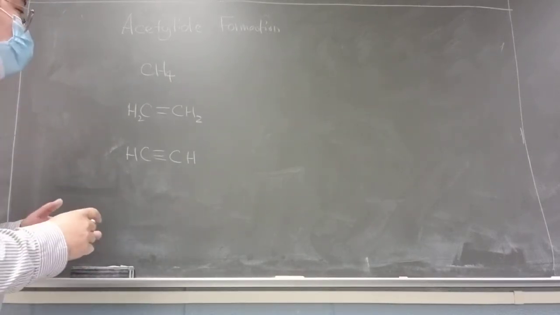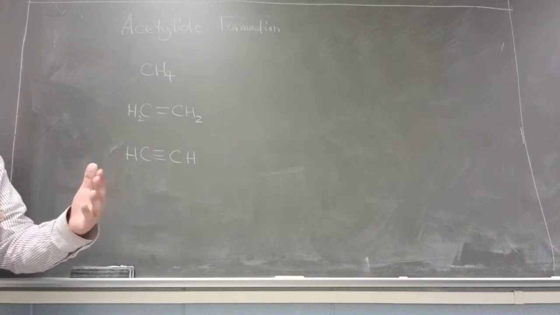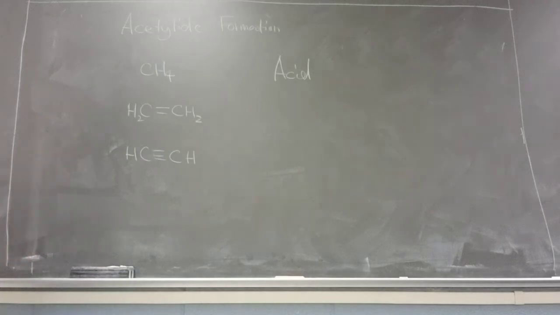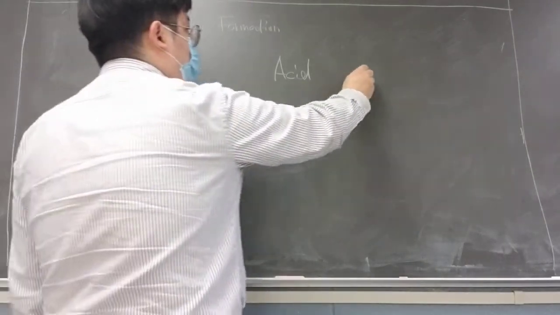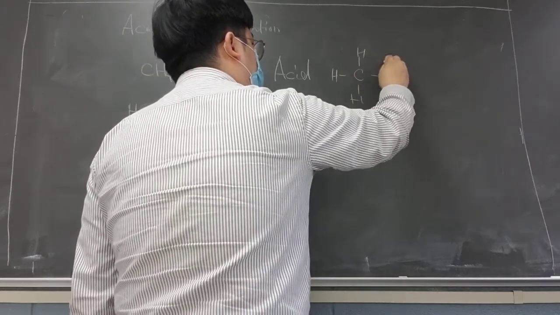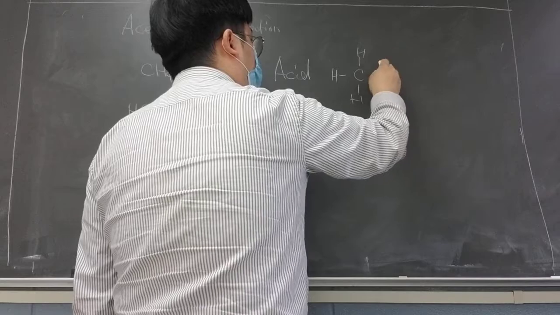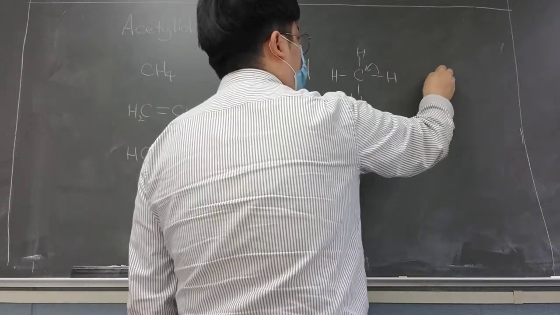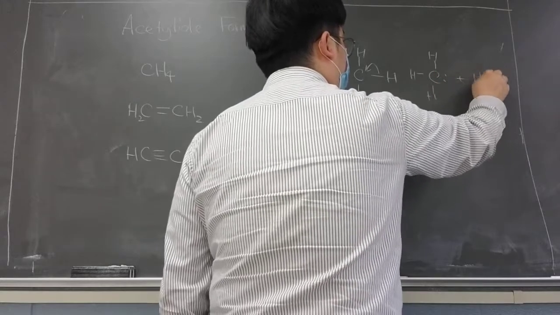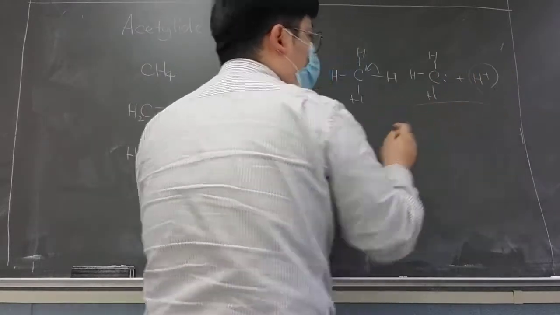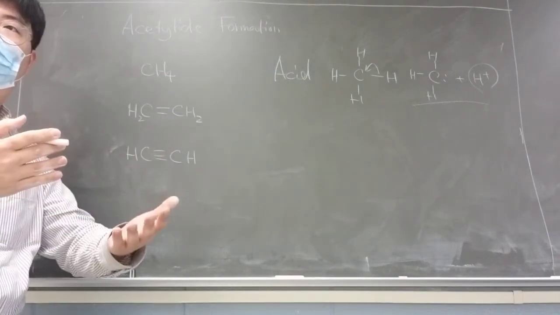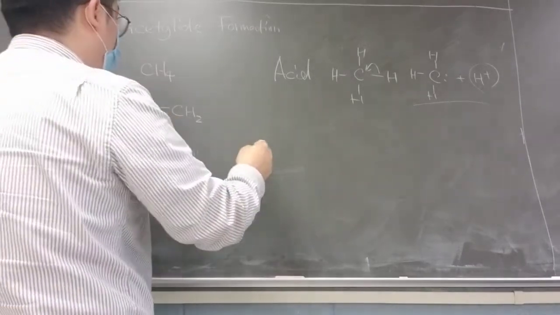What they can do is actually behave like an acid. That means you have this one, and then they can go this way, so they can become an anion and a hydrogen cation, right? When it donates the proton, it behaves like an acid. Acids donate protons, right? So they can do this too.